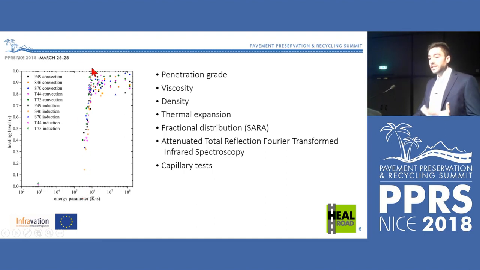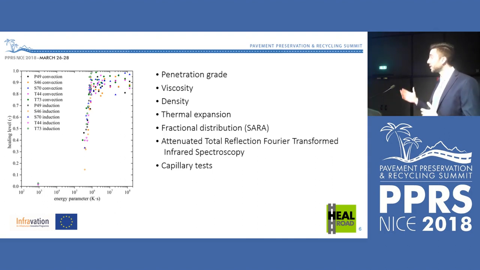Every color is samples made with different types of bitumen in the conventional range of bitumens that we usually use here, from a penetration grade 40-60 to 70-100. And we tried to correlate different properties of the bitumen, such as penetration grade, viscosity, density, thermal expansion, fractional distribution, the results of the SARA test, the asphaltene content, maltenes and so on, FTIR, and capillary test.